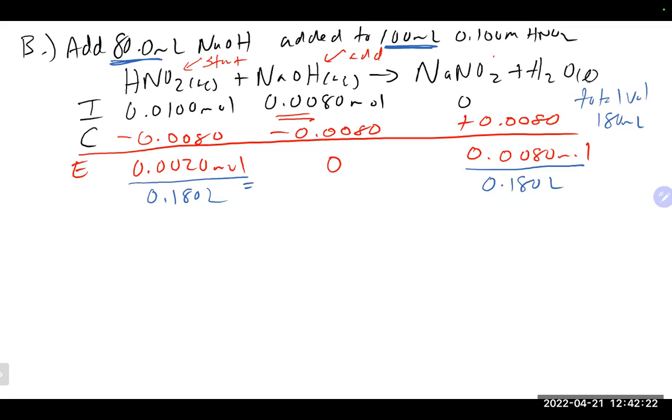So we want to take these and divide by 0.18 liters, which is converting that into liters. That gets us 0.002 divided by 0.18, 0.0111, and 0.008 divided by 0.180, a lot of repeating numbers, 0.0444 molar here.